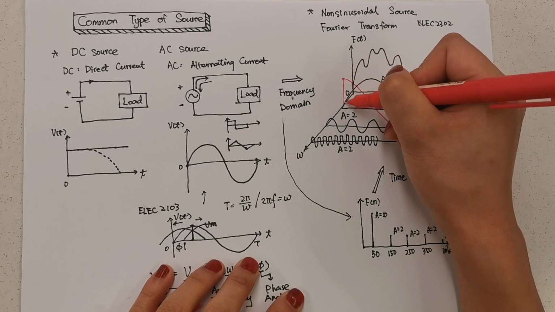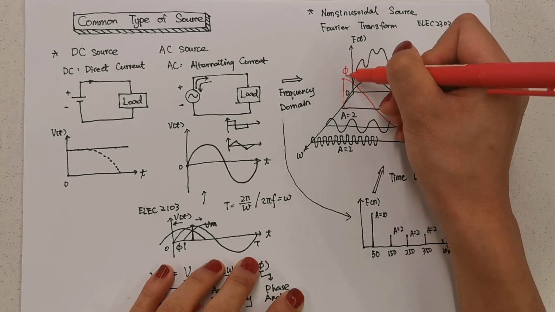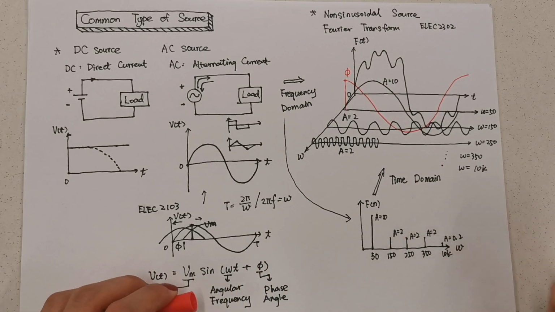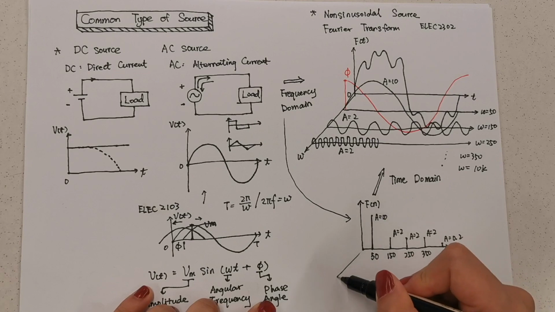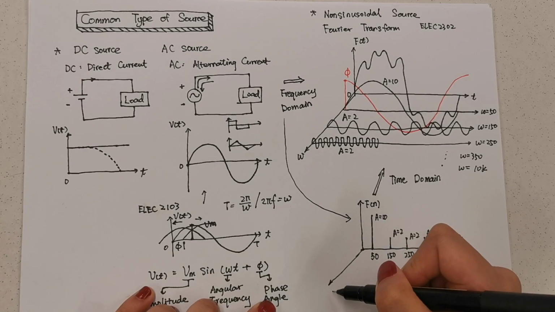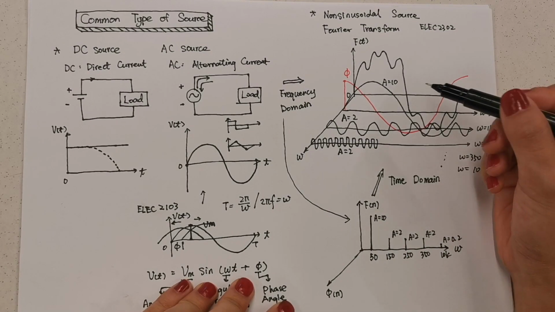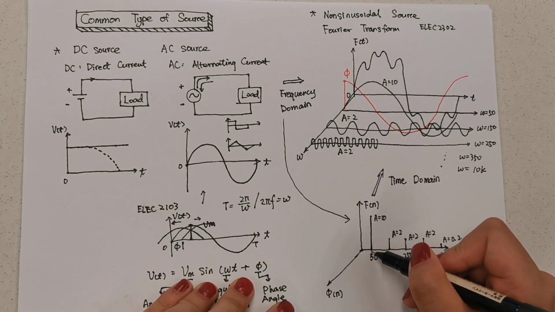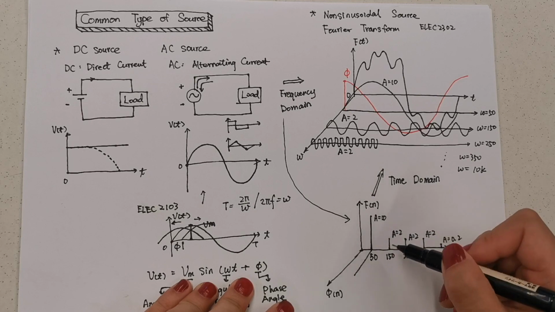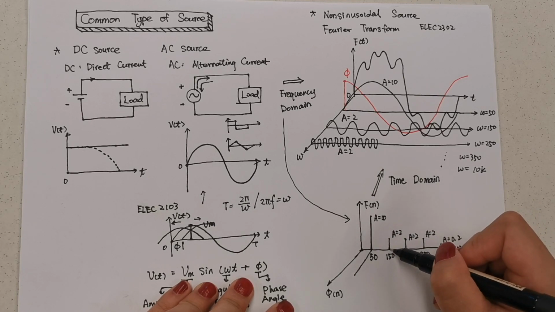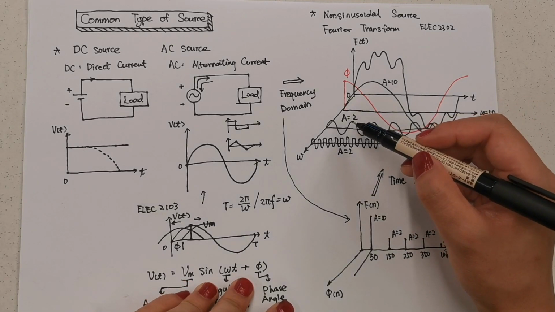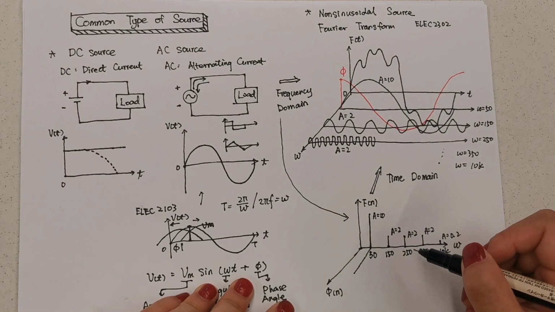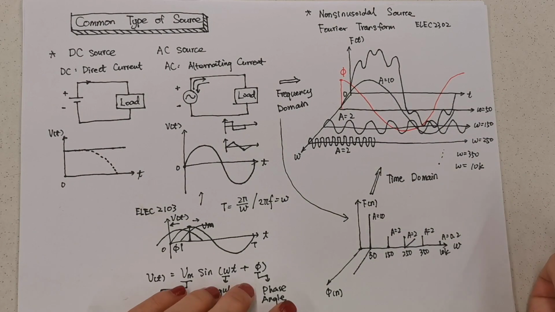And the phase shift here is our phase angle. We need another axis to represent phase. Sometimes the phase can be positive, but sometimes the phase can be 0. It's exactly our example here. And sometimes the phase can be negative.